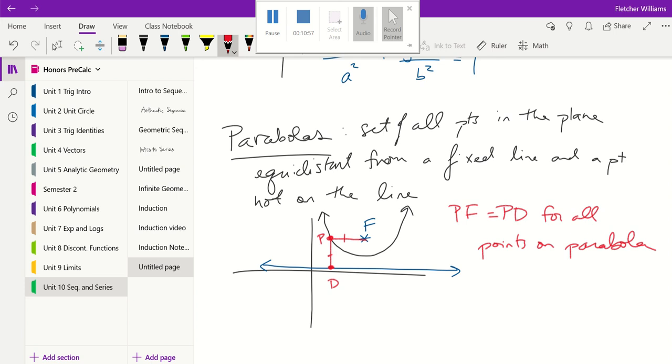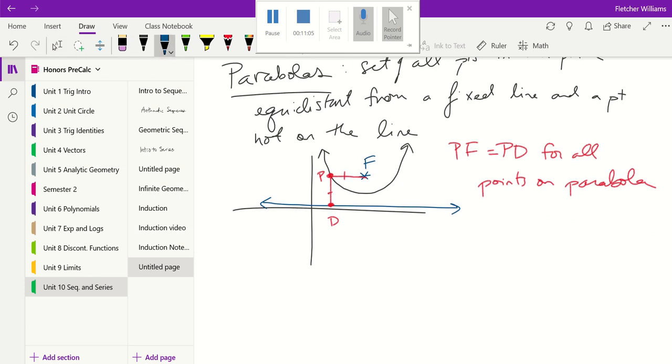Okay. So, for a vertically oriented parabola, we have this equation. Y minus something equals something times x plus or minus something squared. Fill in the blanks. Anyone know?